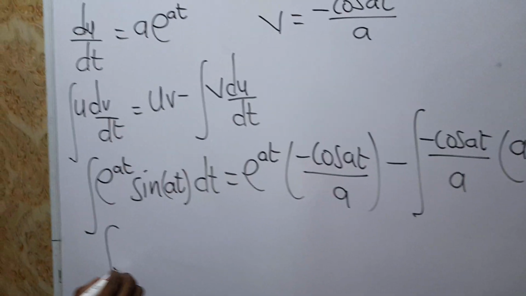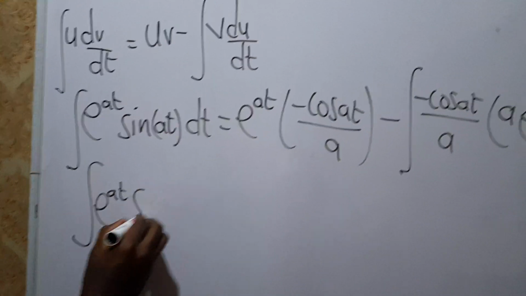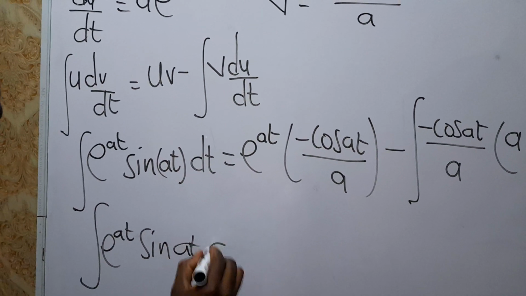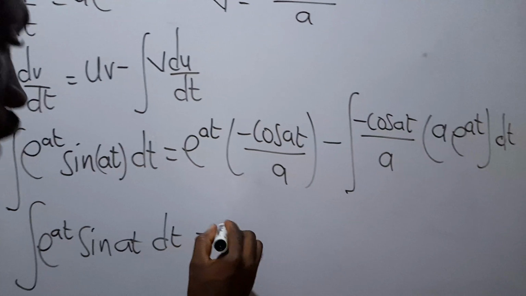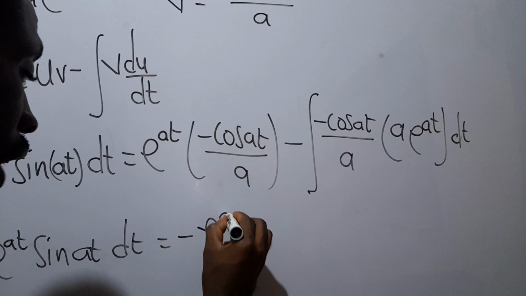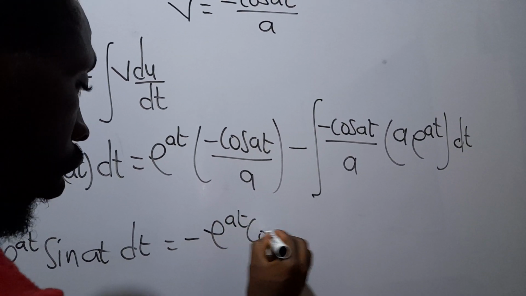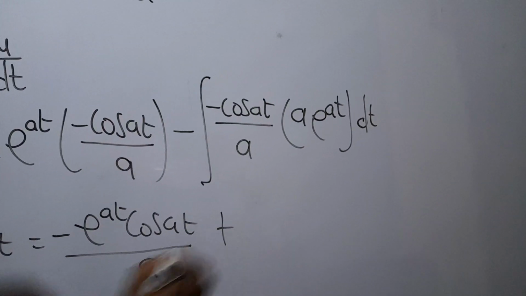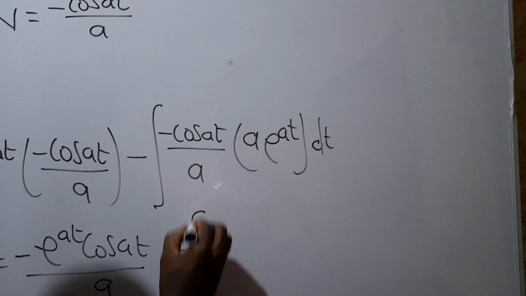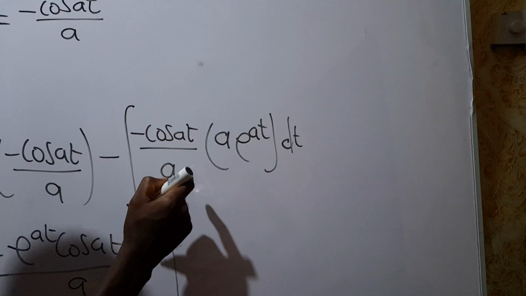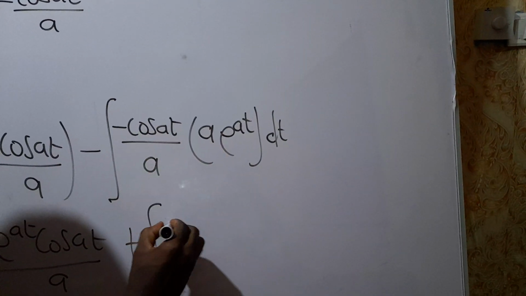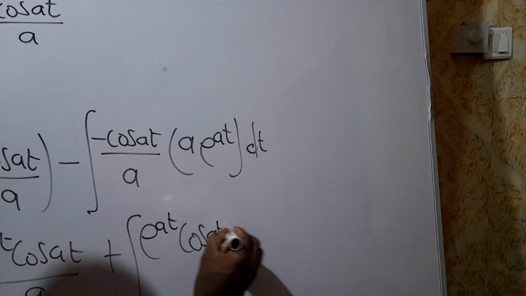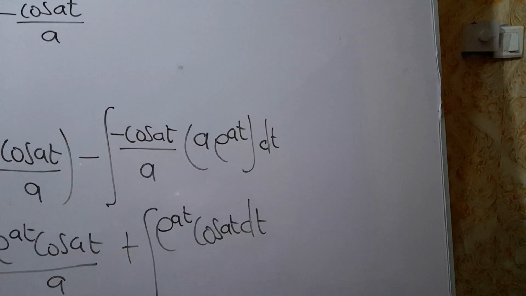You can say the integral of e^(at) sin(at) dt will be equal to negative e^(at) cos(at) over a plus the integral of, see, this a can divide that a, so we'll be left with e^(at) cos(at) dt.